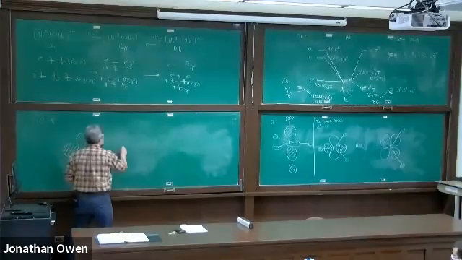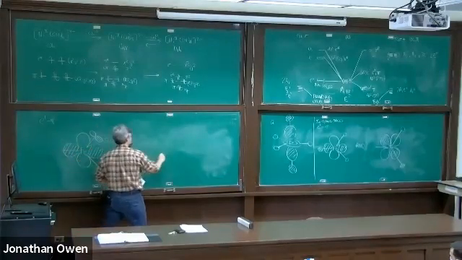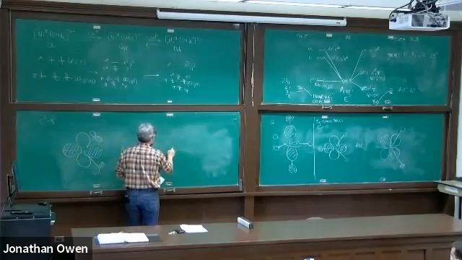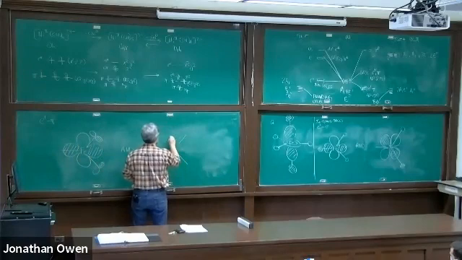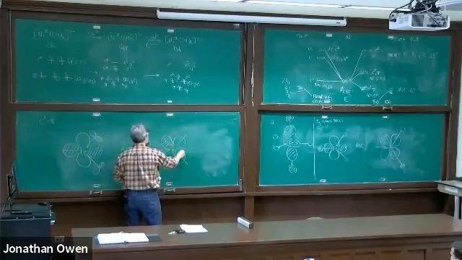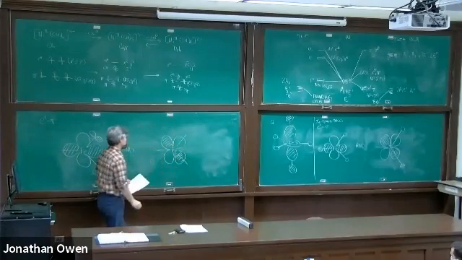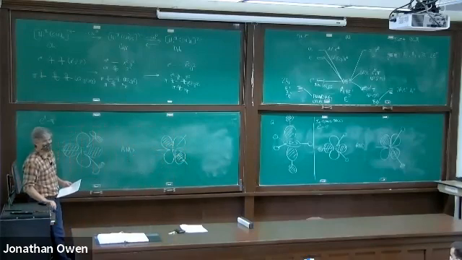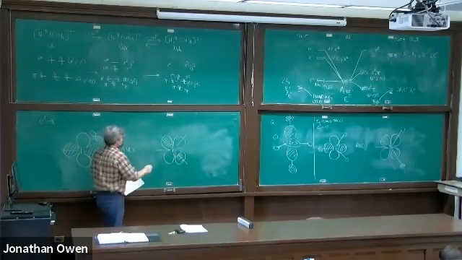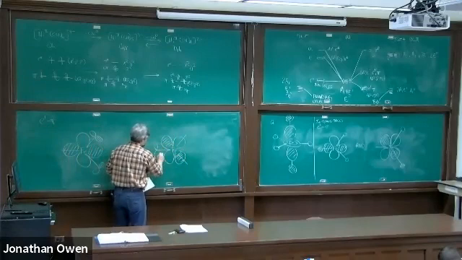Let's do the other one. It's the same d orbital, we just rotated it by 45 degrees. Now you can see how a p orbital here makes a really nice pi bond.